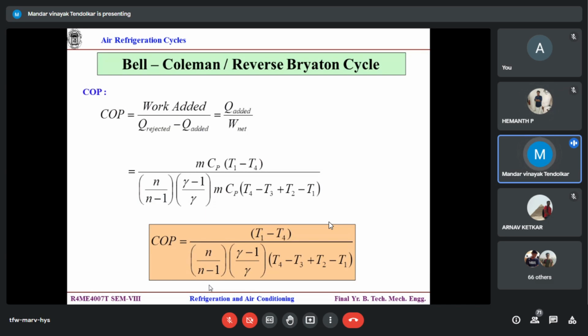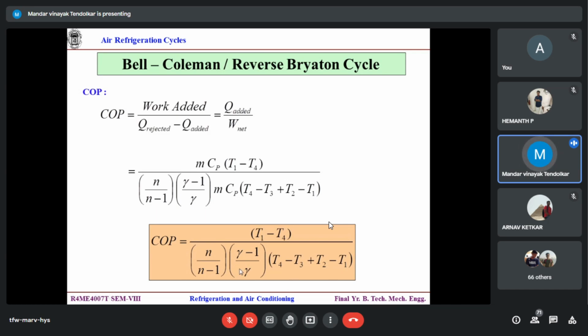Okay, n and gamma are also polytropic index or adiabatic index, whatever you call that. So as such, it is a unitless part. And temperatures also finally get cancelled. So even though there would be some n, that means this bracket and this bracket will be some kind of multiplication factor to the temperature factor, not changing the units.